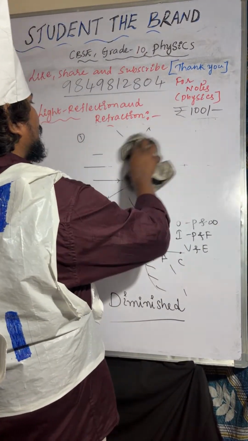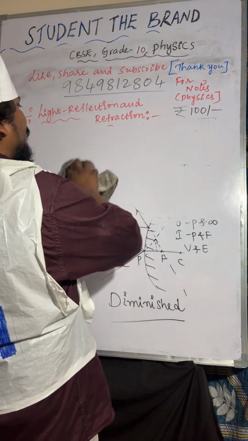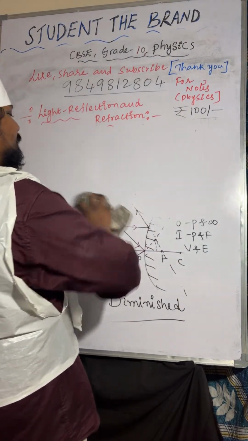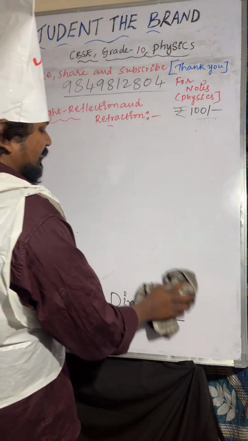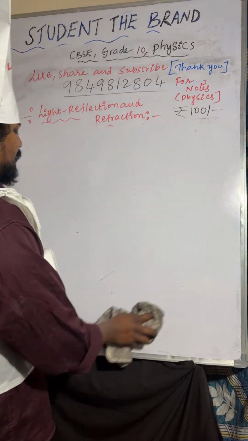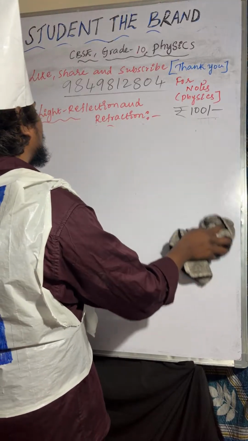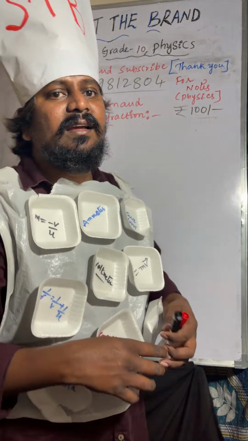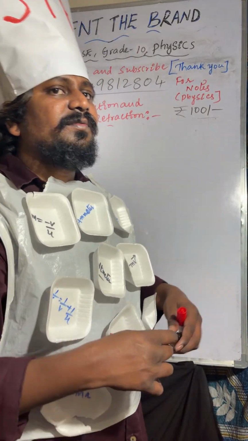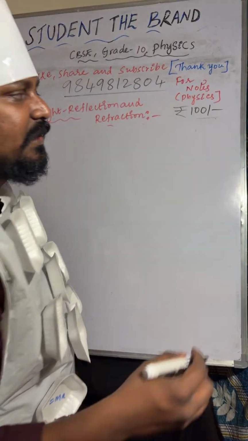Next, sign conventions. New Cartesian sign convention. All distances are measured from the pole.